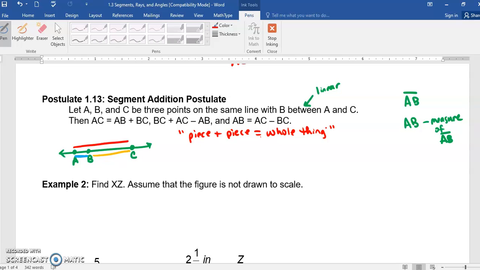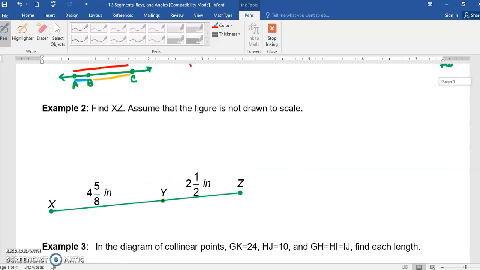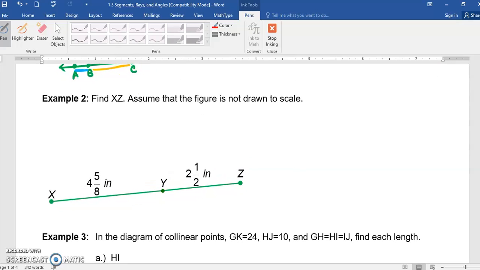Okay. So just a couple examples. You might actually have the numbers here. Find XZ. No line over it. That means find how long. What's the measure of XZ? That's the whole thing. Well, that just means doing a little bit of fraction arithmetic. We're going to have to do 4 5/8 plus 2 1/2.